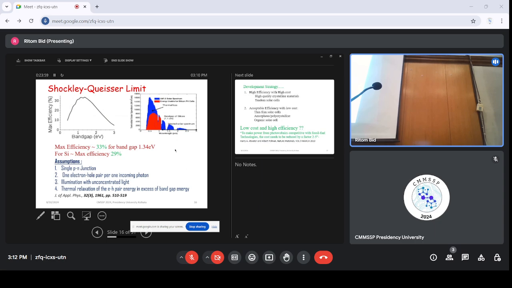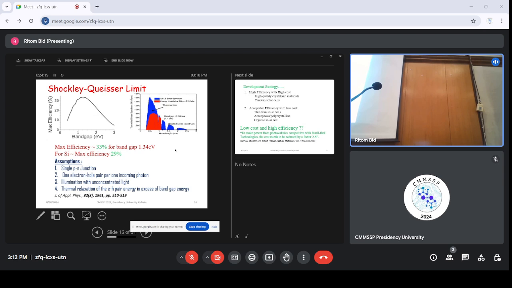There are some theoretical studies by Shockley-Queisser, known as the Shockley-Queisser limit. This is for a single junction based calculation where a single PN junction is considered, with one electron hole pair per incoming photon as the assumption, and illumination with unconcentrated light.